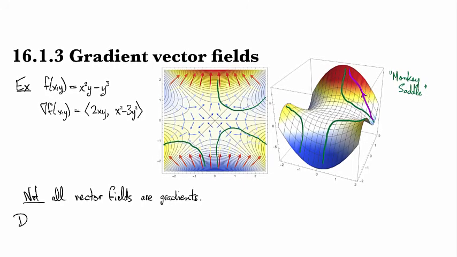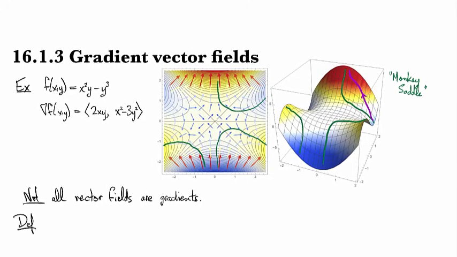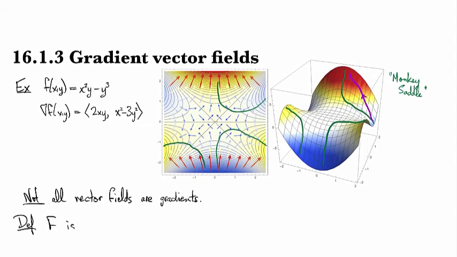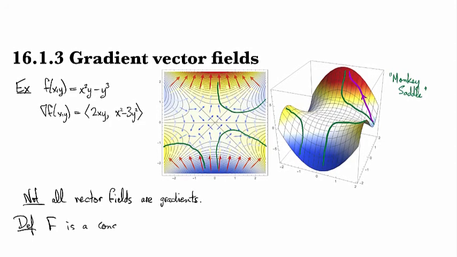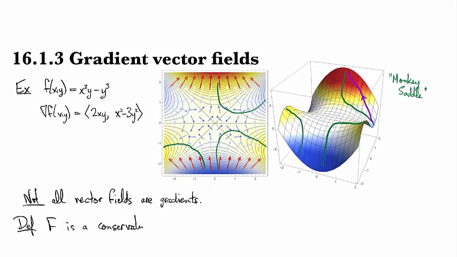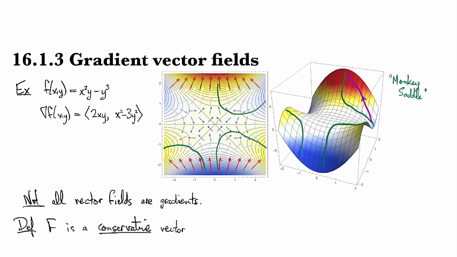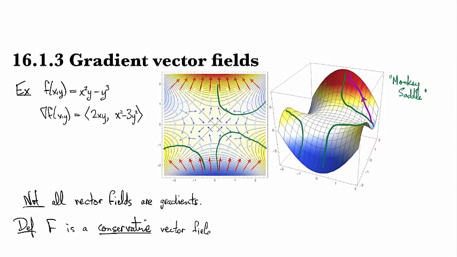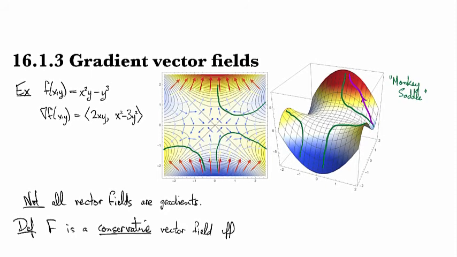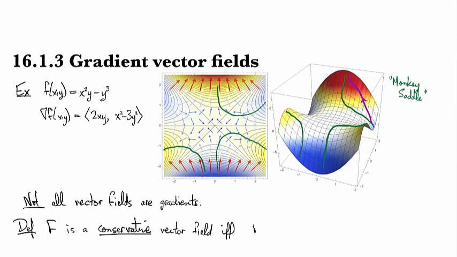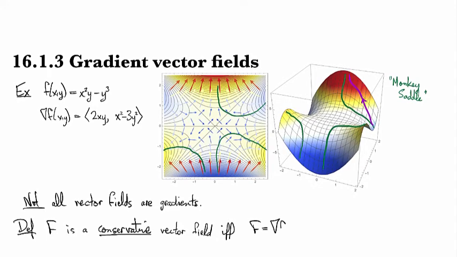For now, I just wanted to introduce the terminology. We say that F is a conservative vector field if and only if F is the gradient of something.